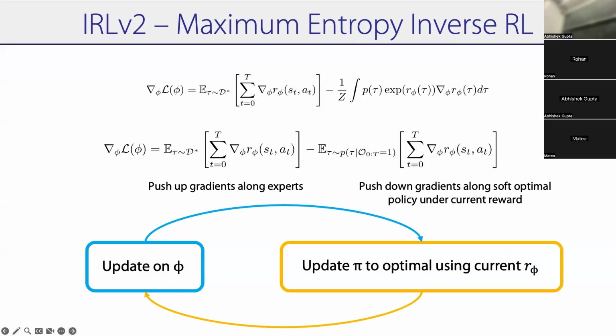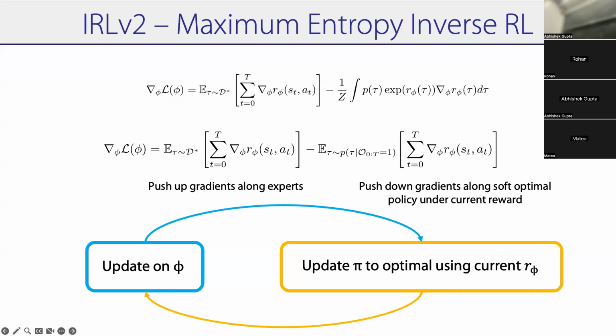You have an initial guess of the reward. It allows you to compute this gradient because this term is easy to compute. We'll do RL with the current reward function, get data, push that down, and push expert data up. Then we get a new reward function, you resolve RL, push that down again, and keep getting this gradient and repeat. So it's still doing RL in the inner loop, but it's all soft, and you can just do gradient descent, no constrained optimization, nothing.